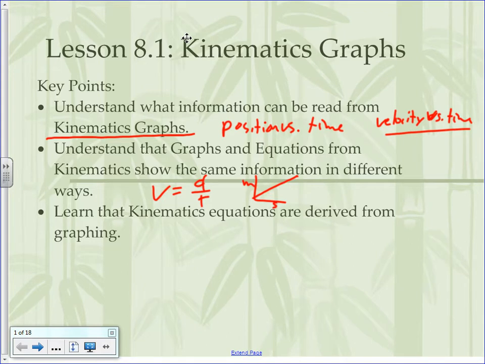Because when we go from point number 1 to point number 2, essentially what we're doing is dividing distance by time. That's where we get all of these equations that we're going to use in this course. We get them from the graphs. And that's the last point: the kinematics equations are derived from the graphs we're looking at. Questions so far? All right.